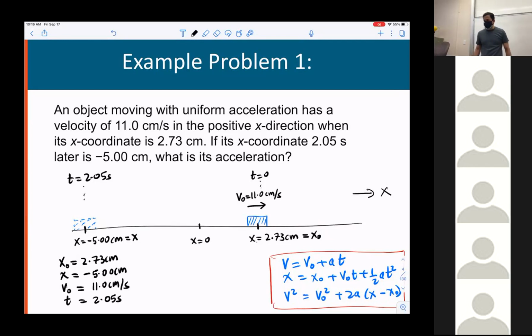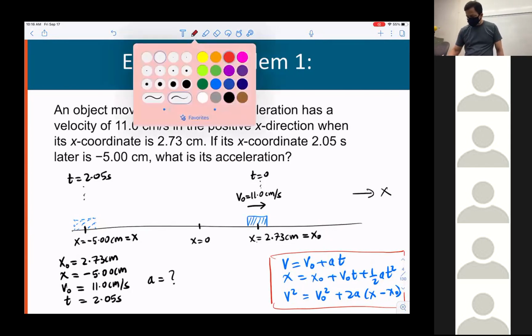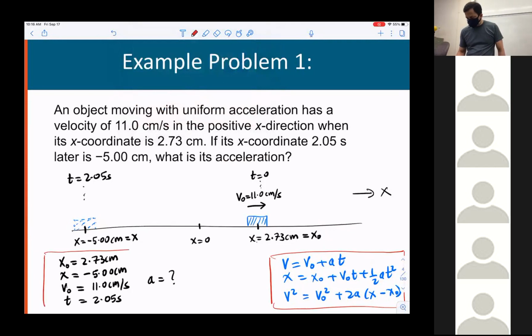This is the information that is given to you. And the thing we are supposed to find is the acceleration, which in these equations corresponds to a. So the thing we're supposed to find is a. So what I have done is I have translated the word problem into a picture and into quantities that I can now work with.